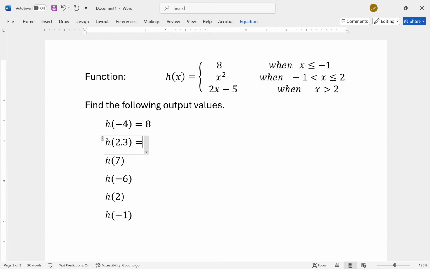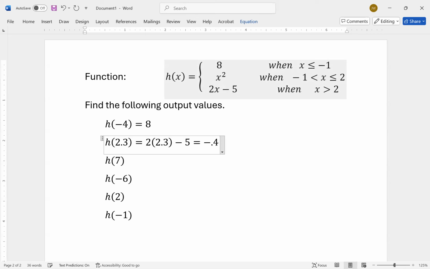How about 2.3? Well, 2.3 is greater than 2. So since it's greater than 2, I use the 2x minus 5. 2 times 2.3 minus 5 turns into a negative 0.4.